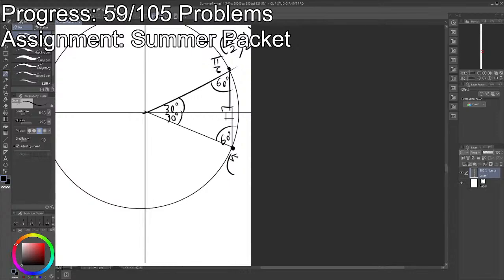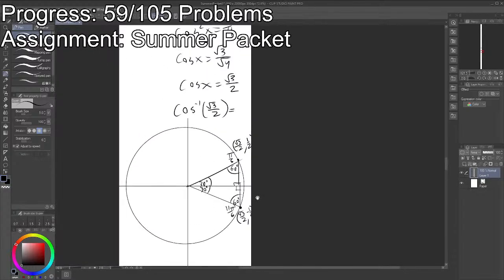Yeah, that's the same point in the x. And that is 11 pi over 6 in radians.